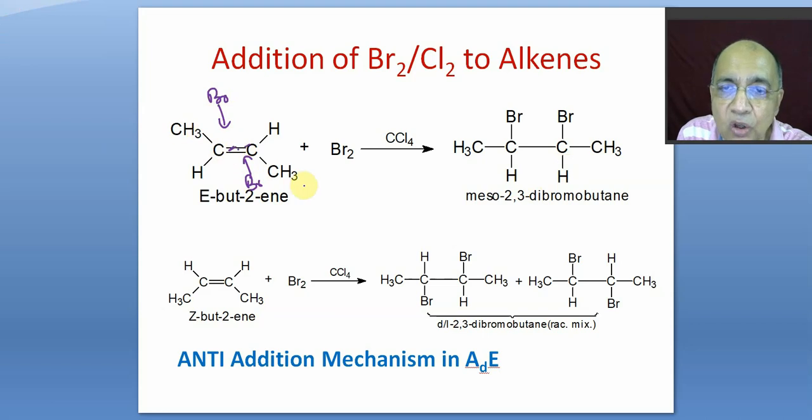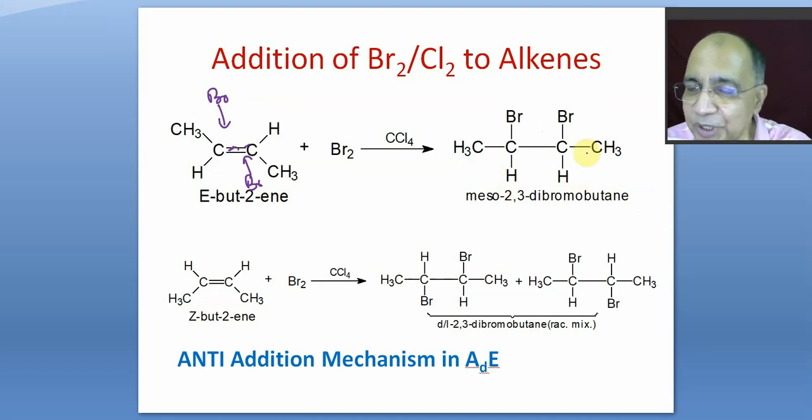In that case, all the identical pairs will remain opposite to each other, so that it is meso. So I have rotated and brought the identical pair to the same side, that is the eclipse conformation. Forget about that, we get the meso form.